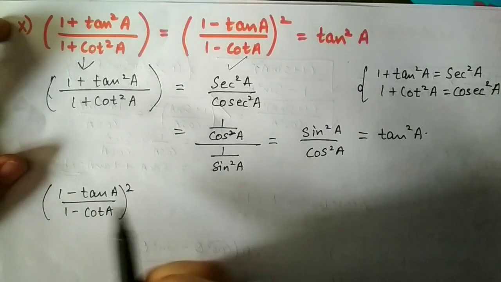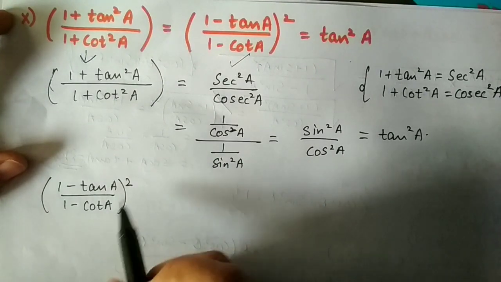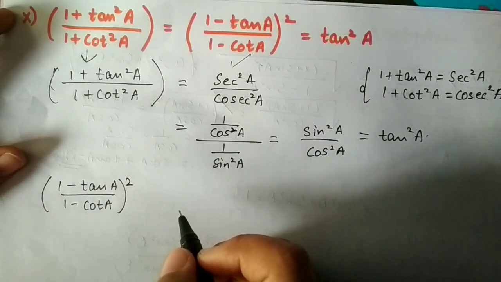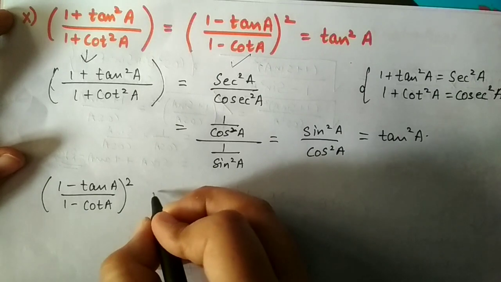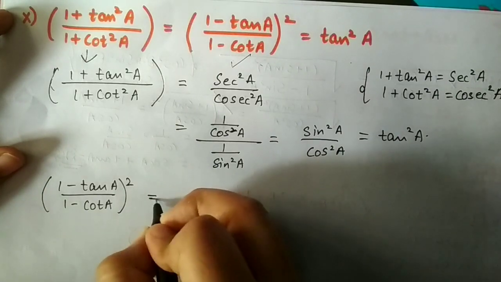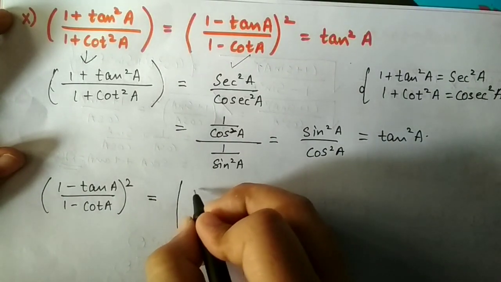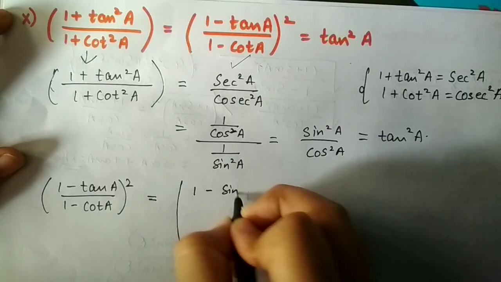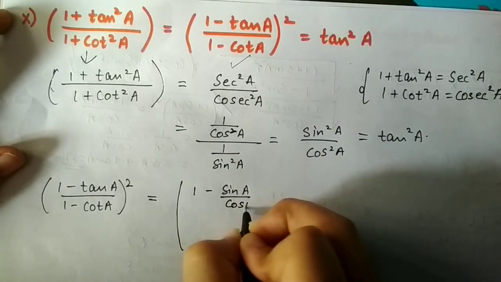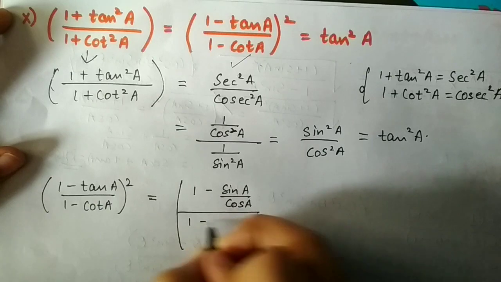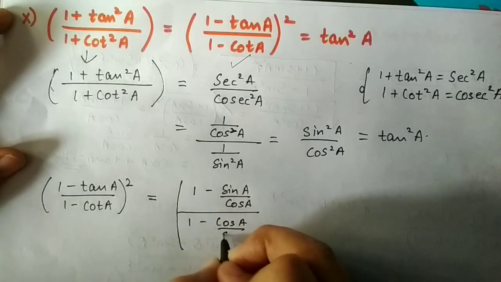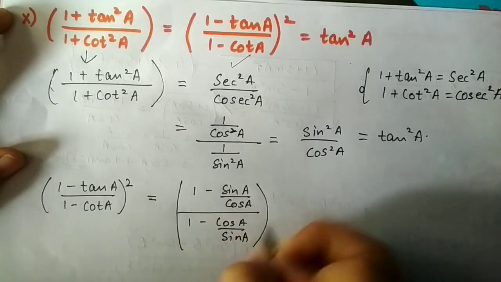Now you cannot apply any identity. You cannot take LCM or simplify it further. So just convert it into simplest form. So here you have this equal to 1 minus sin A upon cos A divided by 1 minus cos A upon sin A whole square.